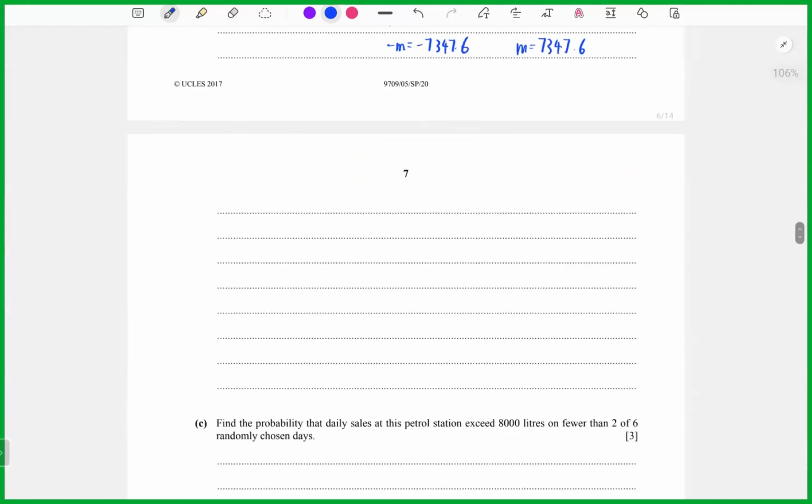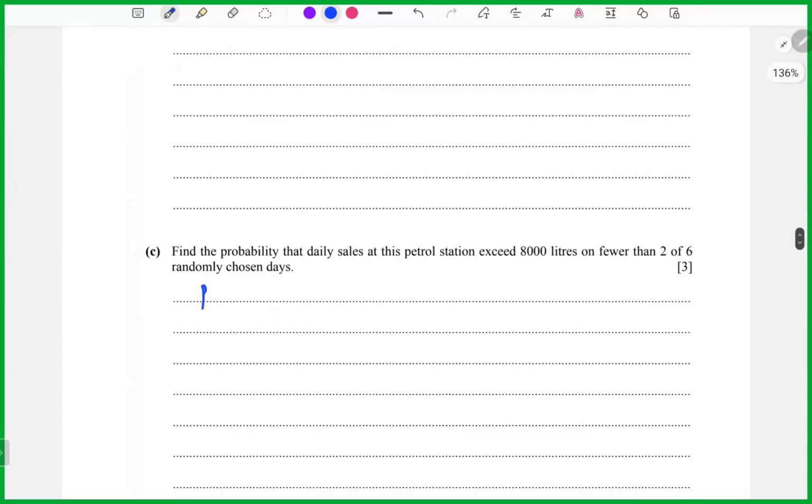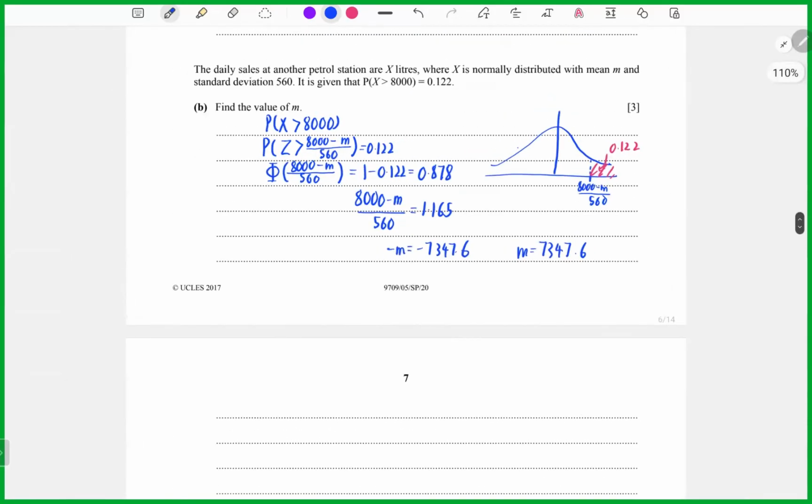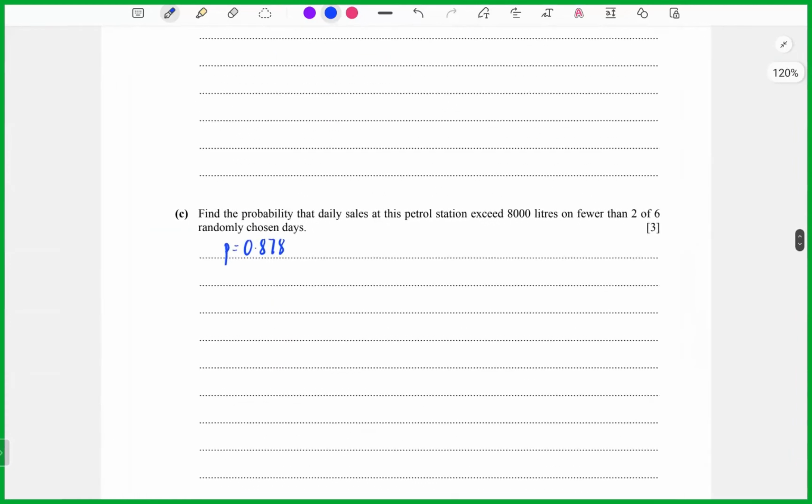Let's see question C. Find the probability that the daily sales at this petrol station exceed 8,000 liters on fewer than 2 of the 6 Tuesdays. So it means you need to take the probability, 0.878 from this question. So the q should be 0.122, so you take 1 minus 0.878.